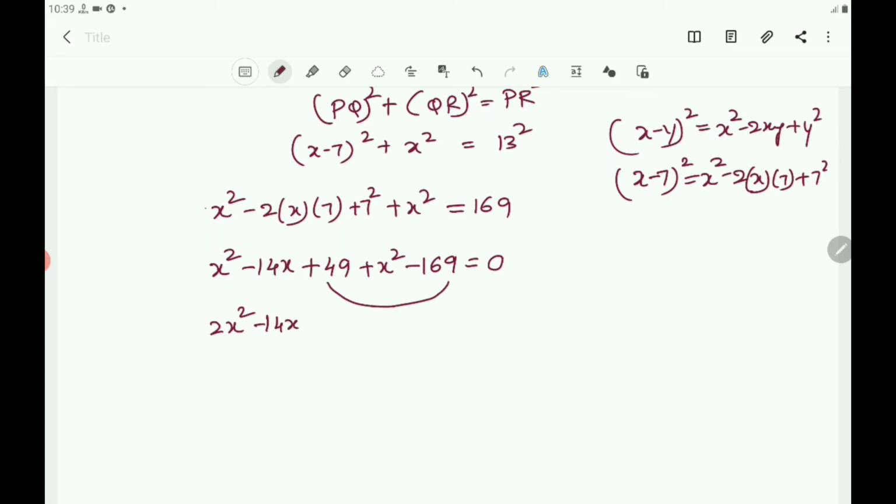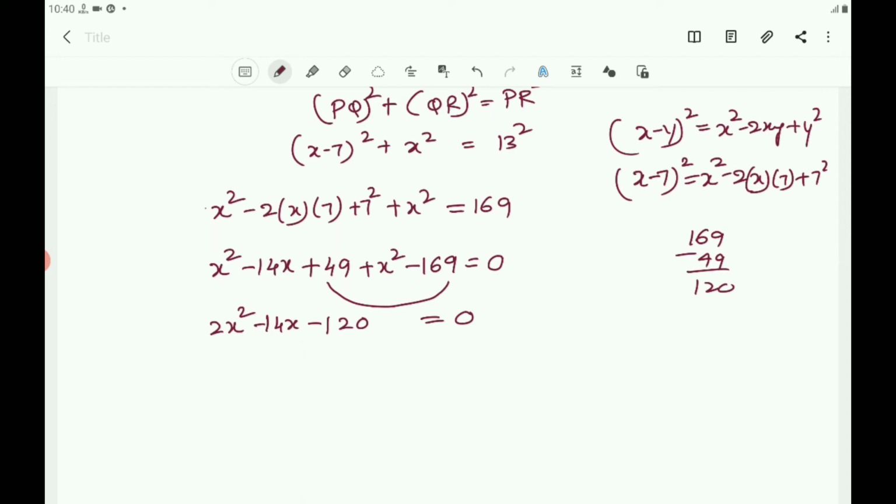The sum of 49 and 169: 169 minus 49 is 120, the greater number is 169 and it has the negative sign, so minus 120 equals 0. So you got 2x square minus 14x minus 120 equals 0.